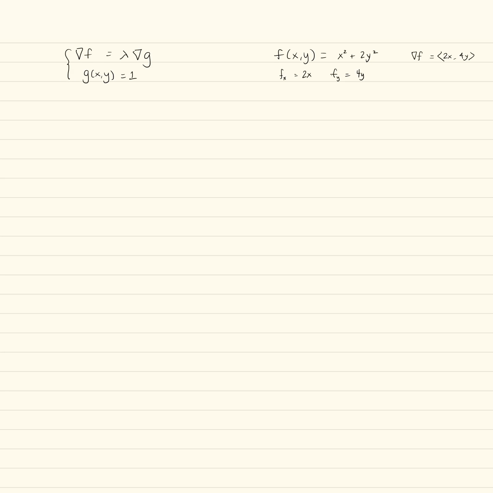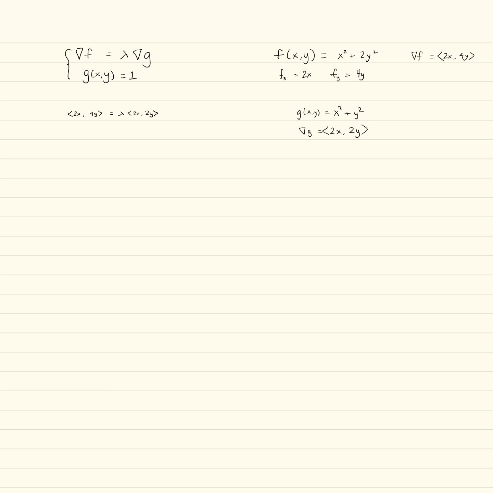Okay. So I've got 2x comma 4y equals lambda times the gradient of g. So g of x y is x squared plus y squared, and the gradient of g is just going to be 2x, 2y. So we need lambda times 2x comma 2y.